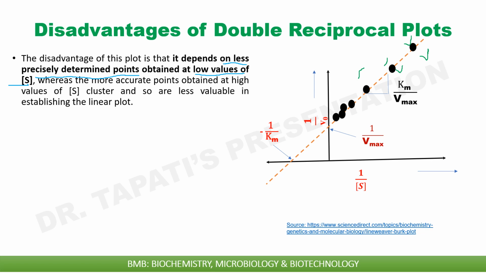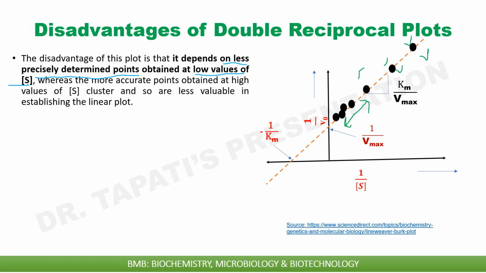Whereas the more precisely accurate points obtained at high values of substrate concentration cluster here and so are less valuable, because, as I told you, these points are at low substrate concentration. Dependency on V0 is not so powerful. Therefore, in case of the double reciprocal plot, it is mainly dependent on the lower concentration of substrate.